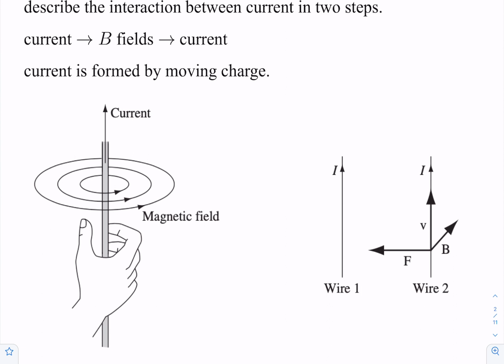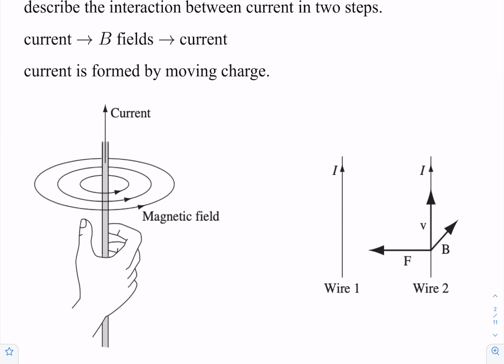For example, a line current that's running upwards produces a magnetic field that circles the current, and you can determine the direction by using the right-hand rule. If you still remember, the magnetic field strength is inversely proportional to the distance from the current. Now suppose that you have two currents running parallel to each other.